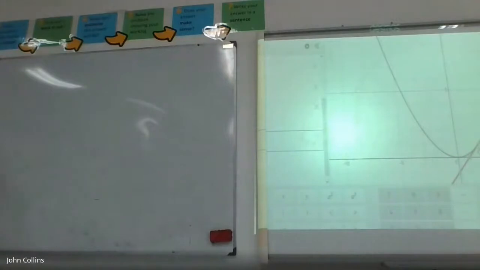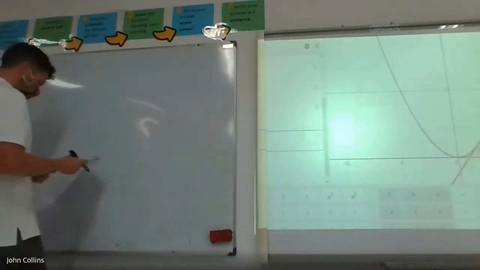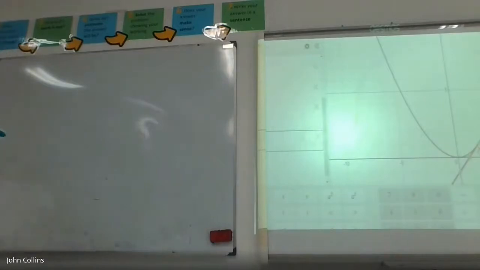All right, so let's talk about our rules of differentiation. Let's start with the chain rule. Now you've already done this, but I want to talk about where it comes from and why it works. Okay, so where do we start?